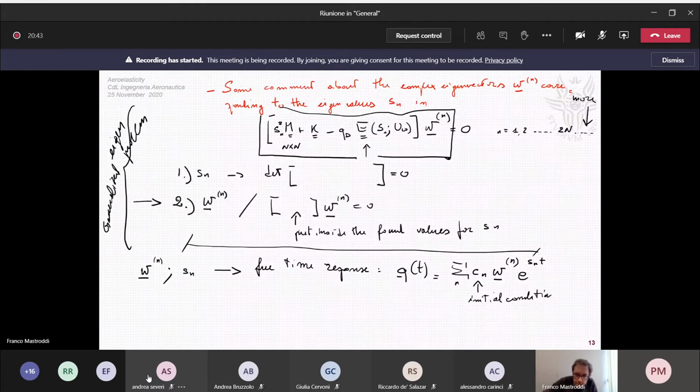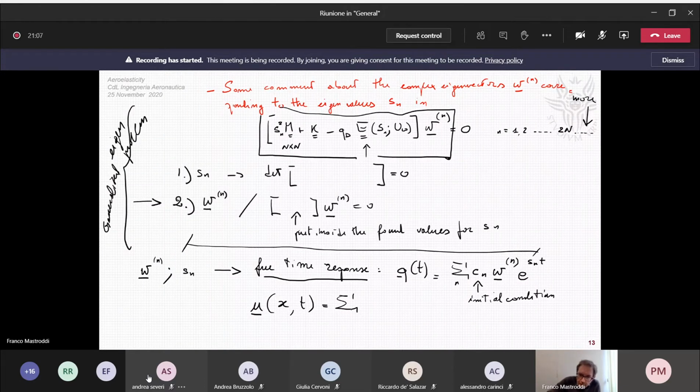Okay, so the free time response for our aircraft is finally evaluated, do not forget, by building your displacement as the combination of all the Q quantities.